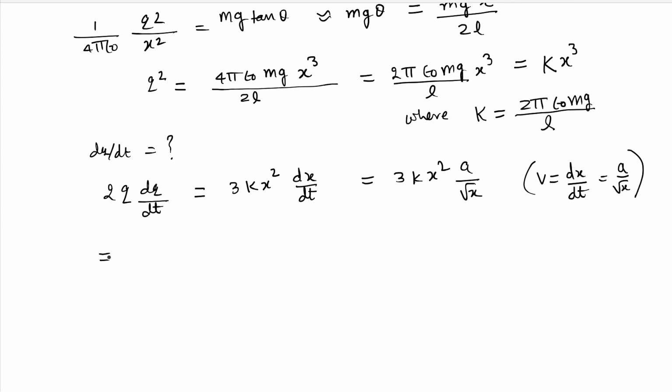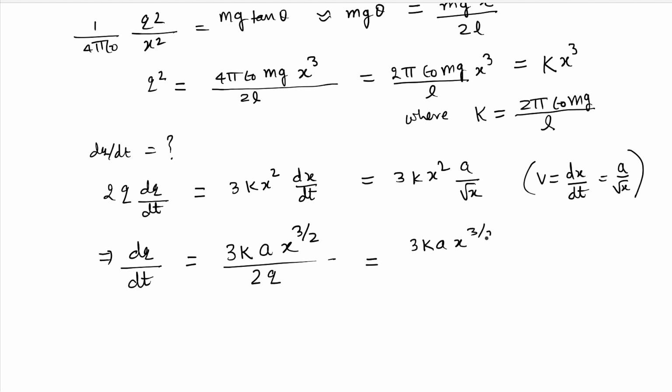Therefore, dq by dt will be 3k a x to the power 3 by 2, divided by 2q. What is q? q square is k x to the power 3, so q is root k times x to the power 3 by 2.